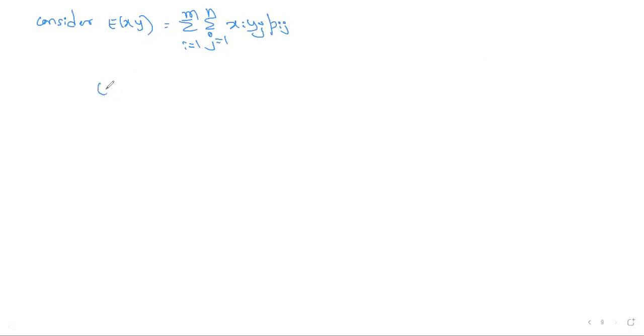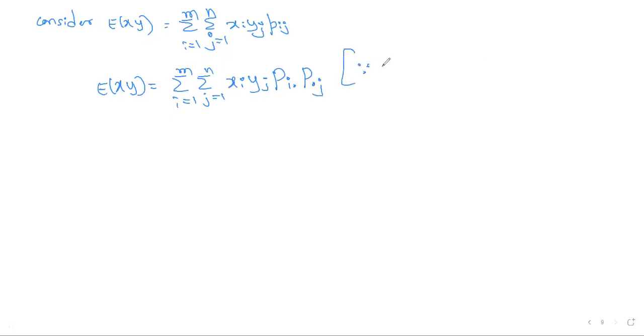Then Pij can be written as the individual probabilities, capital Pi dot and capital P dot j.